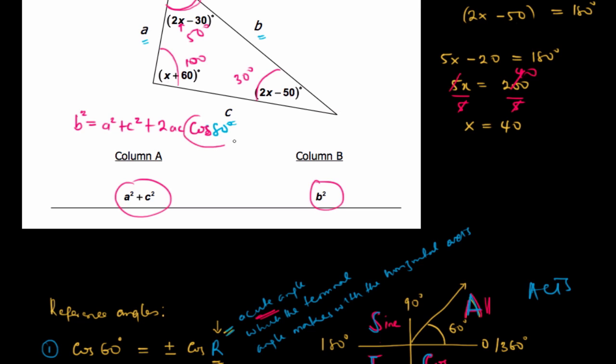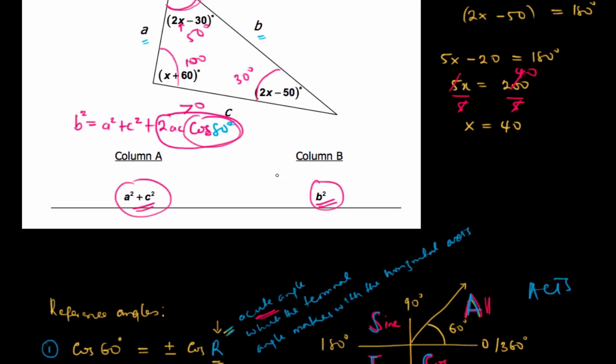Now the cosine of 80 degrees is a positive number, that is a number greater than 0. And ac is also greater than 0. So this whole number we have here is some positive number that is greater than 0. What I have here is a squared plus c squared, and then what I have here is b squared.